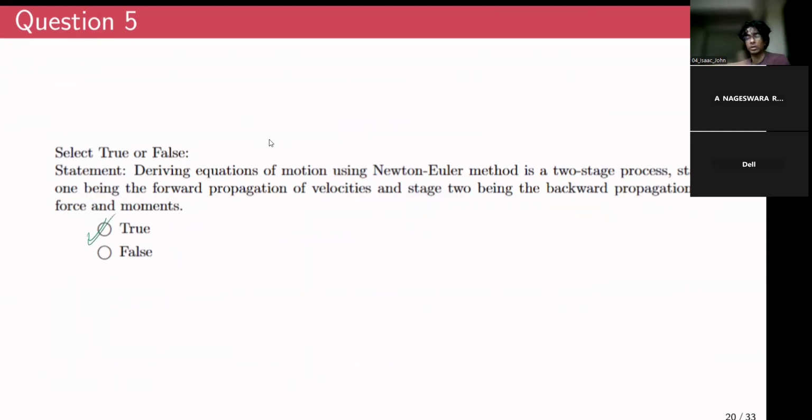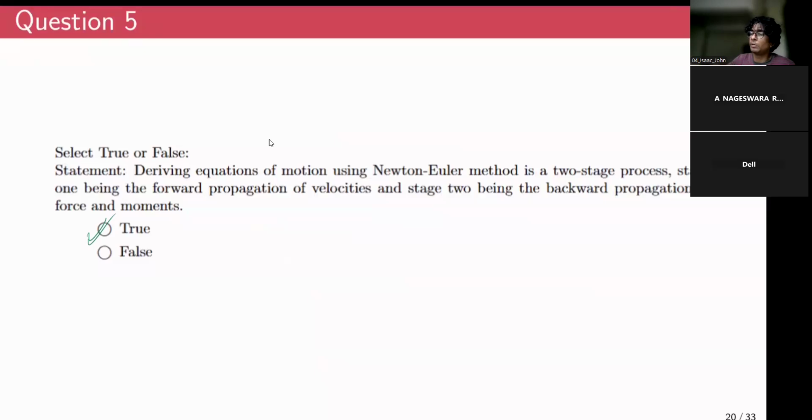The first part is about propagating the velocities and accelerations from ground all the way to the distal end effector. And once you have obtained the velocities and accelerations, you would then find out the inertial forces and moments. And once you obtain the inertial forces and moments, you do the force balance, in the reverse direction, or you do the force propagation in the backward direction.